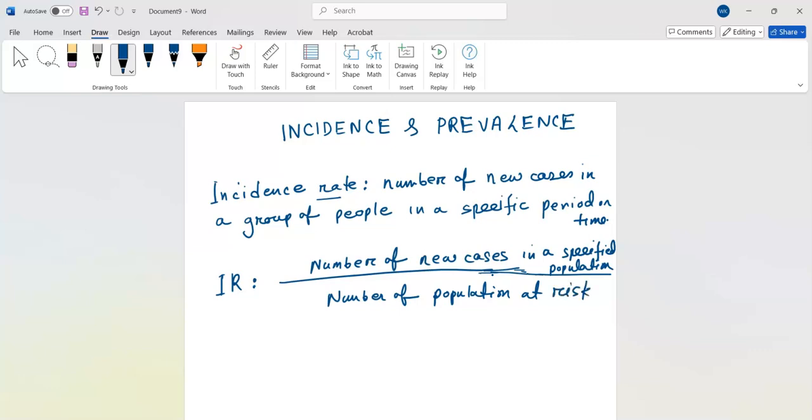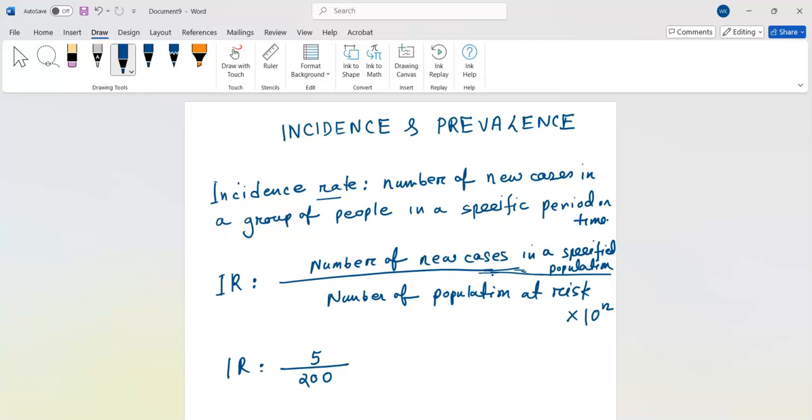For example, we have a group of 200 people. If we want to calculate incidence rate, we have to specify the time, for example, per year. If we know that there are 5 cases of a specific disease, for example TB, in this group of 200 people, the incidence rate would be 5 divided by 200, and yes, we can calculate the rate per number of people.